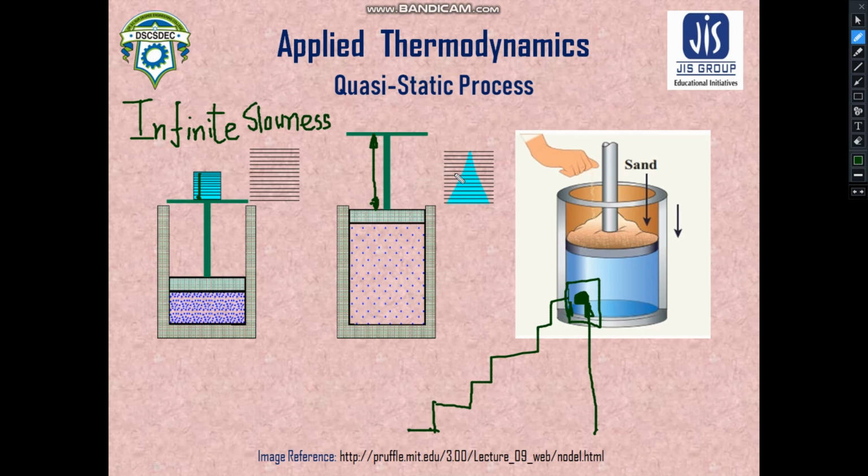But in practical cases, any kind of process doesn't follow this quasi-static manner. The changes are very rapid, but for the sake of our analysis, for the sake of continuous plotting of the states, and for generating thermodynamic curves and thermodynamic paths, we treat all the processes as quasi-static. You have to remember that this is nothing but assumptions.